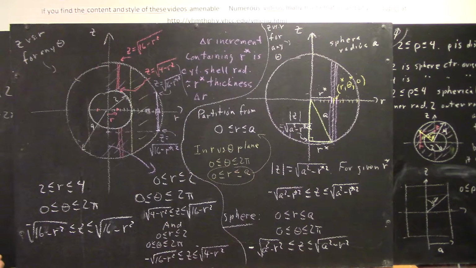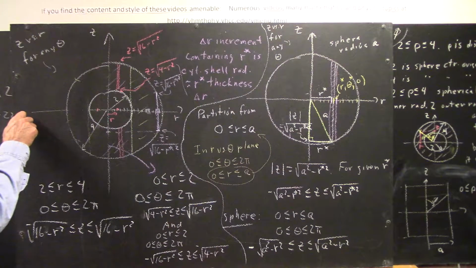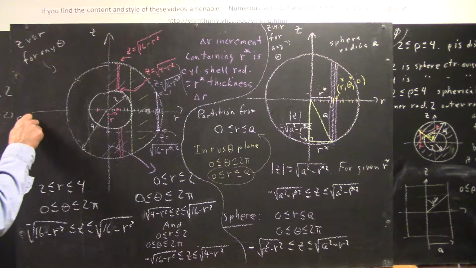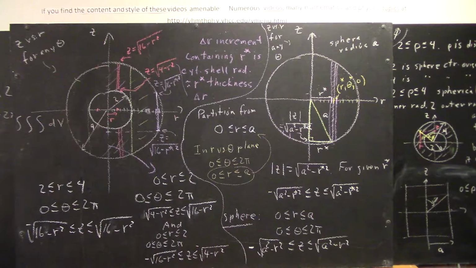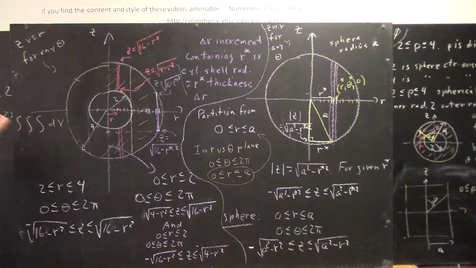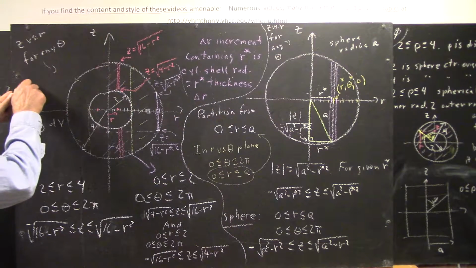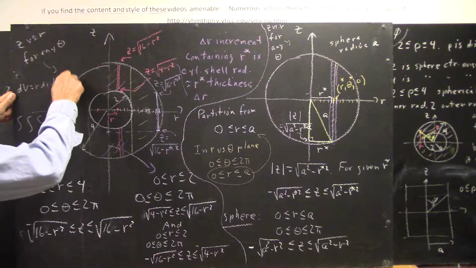We can then write down our integral. Okay, if we're just integrating volume, now I'm just going to indicate the triple integral, and instead of the r dr d theta dz volume increment, well, I can write that out. dV equals r dr d theta dz.